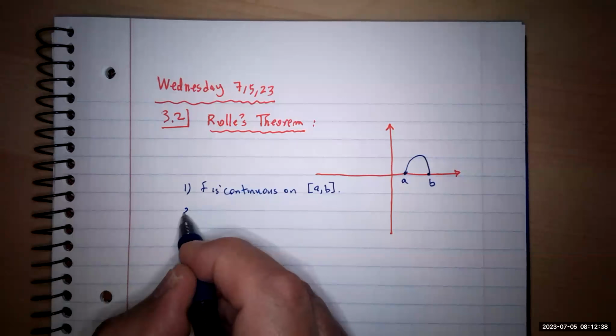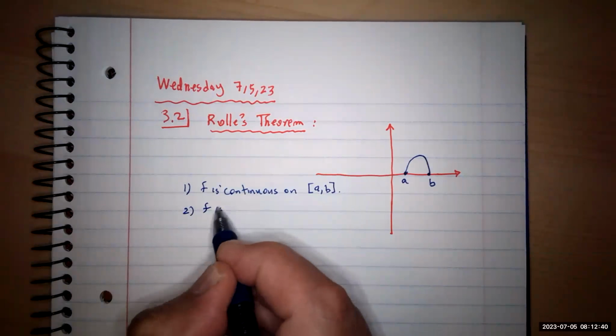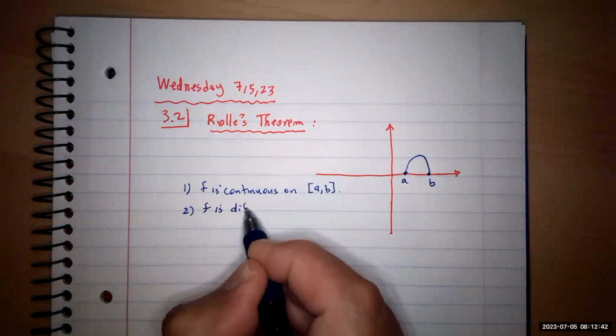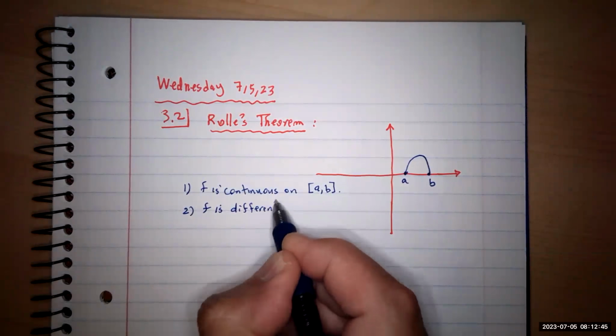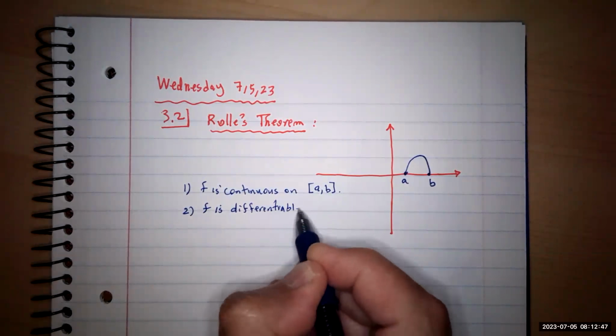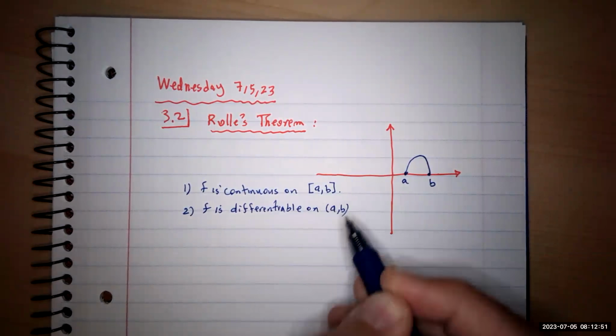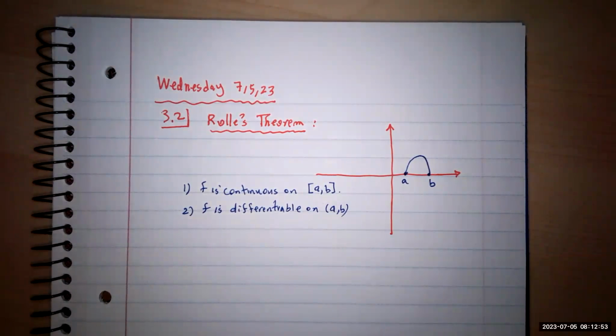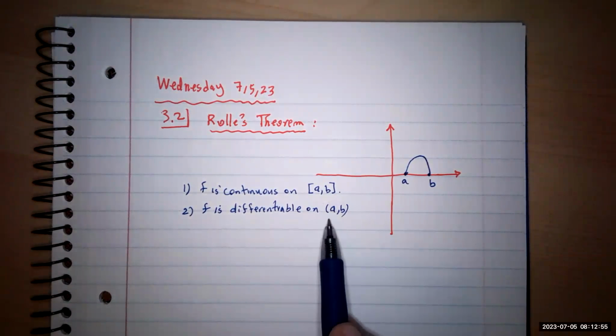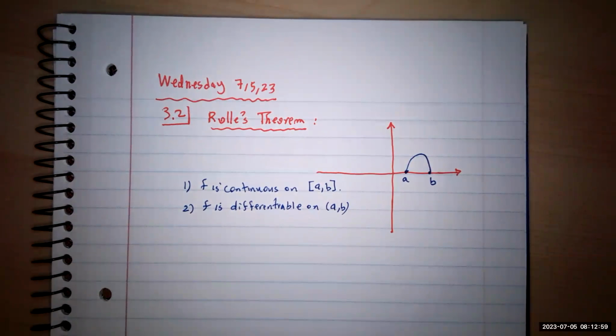Second part, there is no sharp corner, so f is differentiable on the open interval of A and B. We already talked about why open: if you want to consider A and B, then you have to consider one-sided derivatives. So we ignore it. But if it happens to be differentiable on a closed interval, that's fine with us.